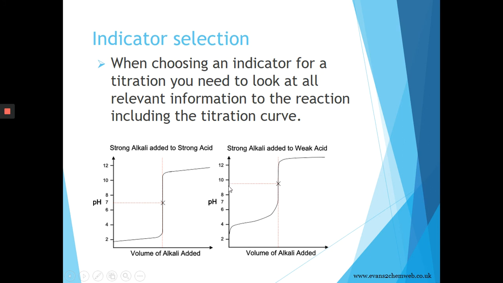It's not even 9 by the looks of the scale on this, it's closer to 10. It should be halfway between that straightening off and that straightening off. And what we'll find here is that the pH at the end point is higher than 7.